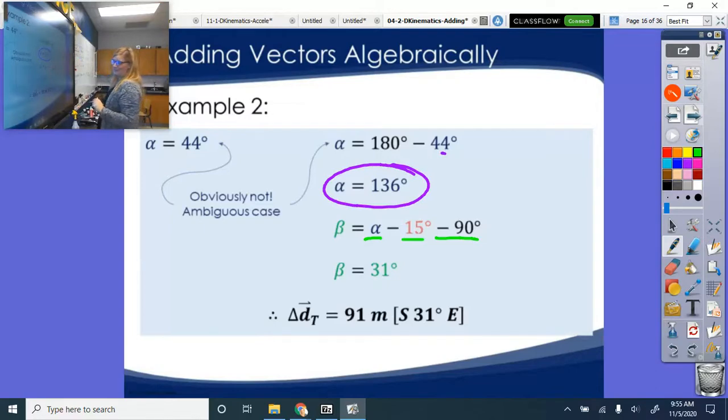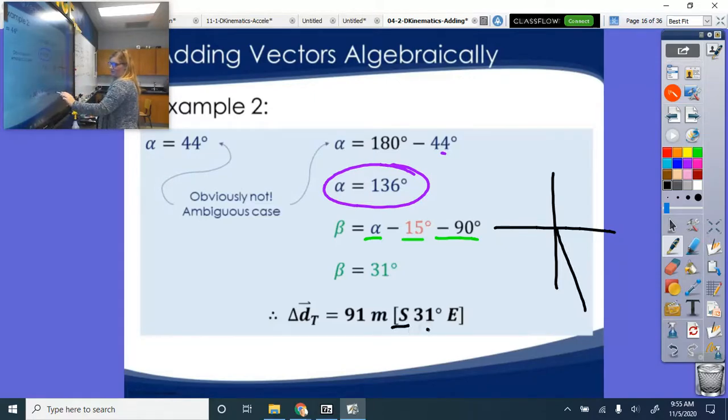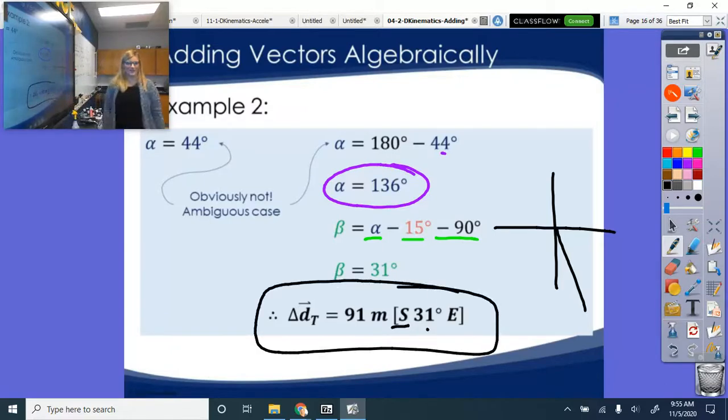It's a long example. So it's going to show me that I'm going 31 degrees in that direction. So my resultant angle is heading 31 degrees that way, which means I'm going mostly south, but then 31 degrees east. So I finally have everything I need. Yay, trig.